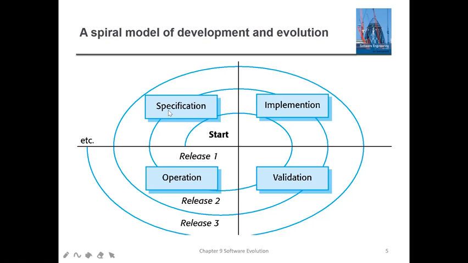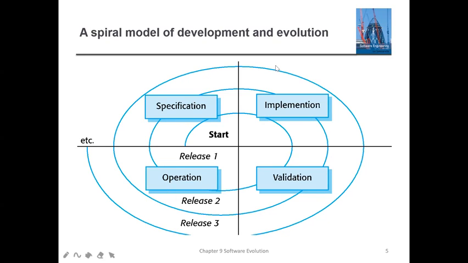First you have to gather all the specifications and requirements. Then you go for the implementation part. Once implementation is done, you go for validation, then operation and maintenance. That is the last step. If you find that you have to make some changes, then in release 2 you again gather the requirements and specifications, go for implementation and validation, and release the software again.